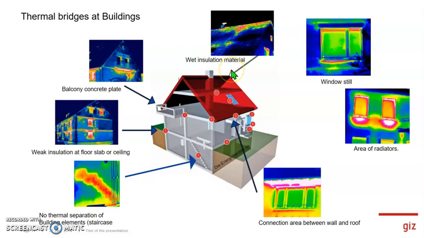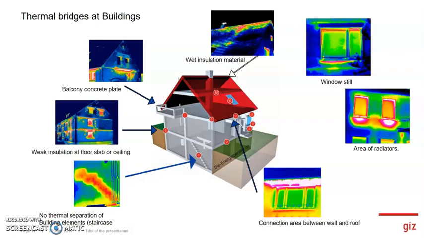And here with the thermography, you also can see invisible damages. Here, for example, wet insulation material under the roof. Here you can see where the heat is. So this is a useless insulation there.